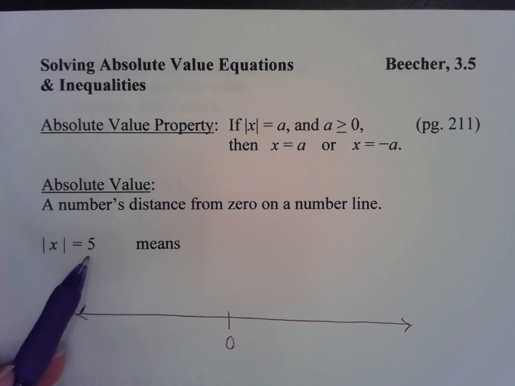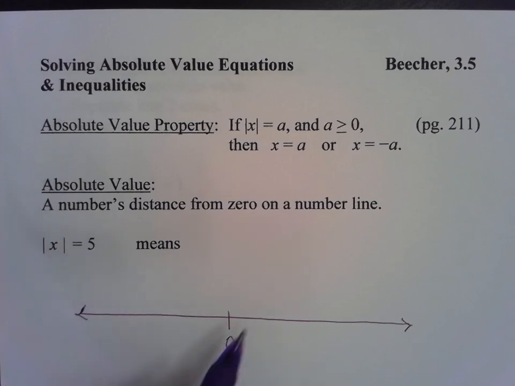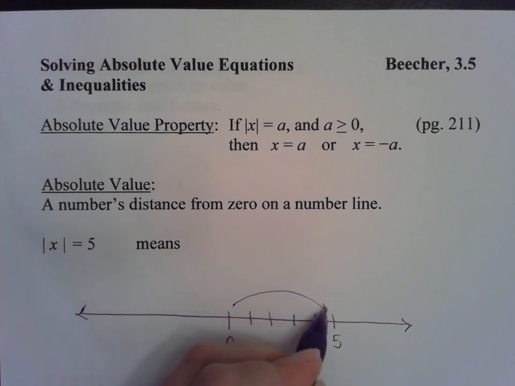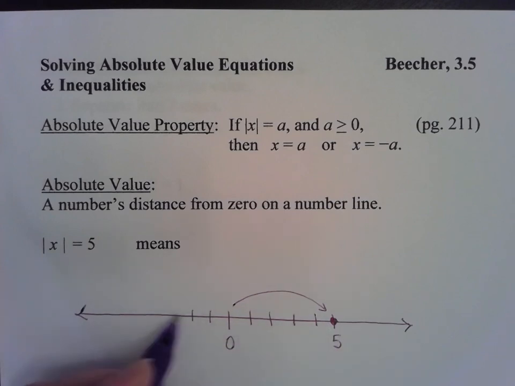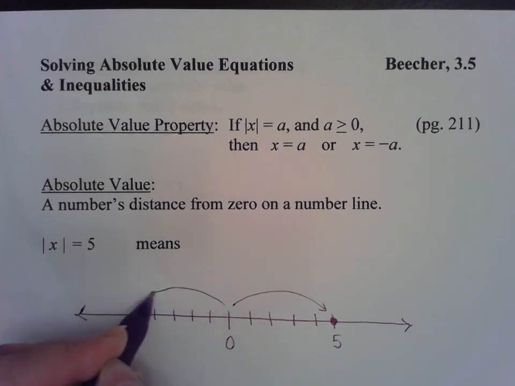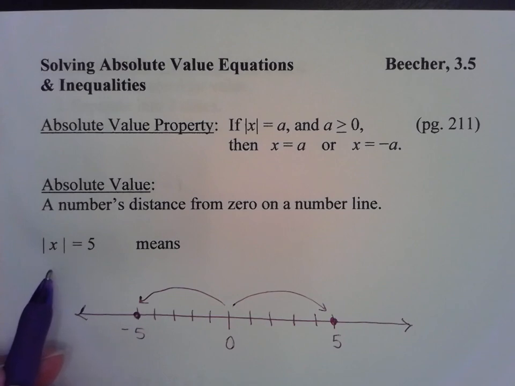That's why it's positive. So I really have two options. 5 units away from 0 on the right, or I could be 5 units away from 0 on the left. Okay. So when I'm solving with an absolute value, I'm always going to have these two cases, right?